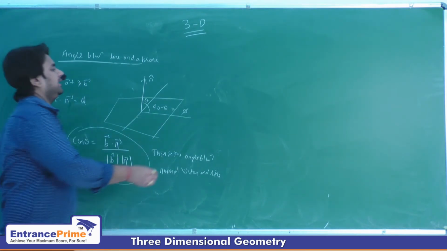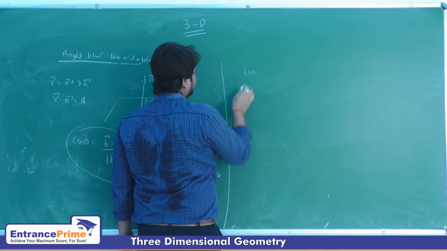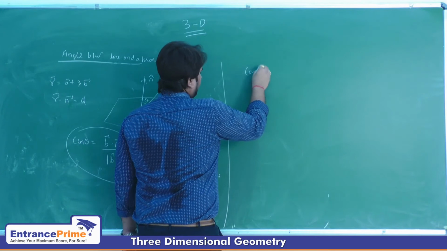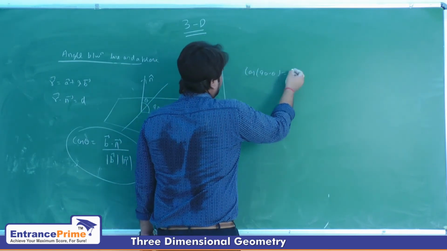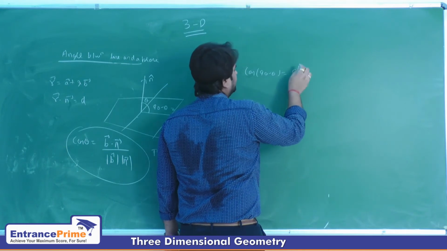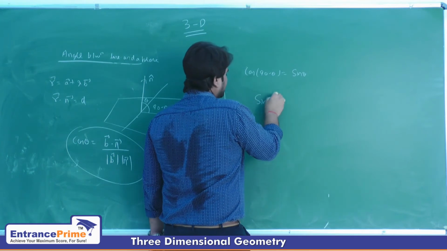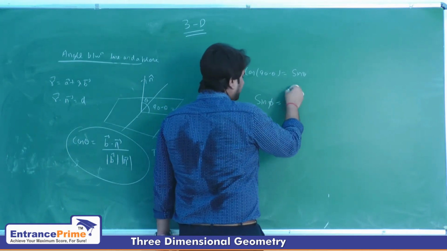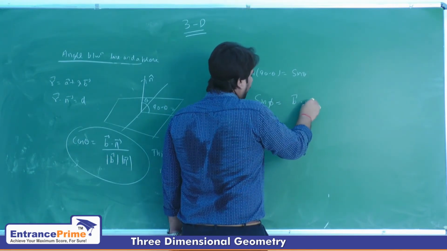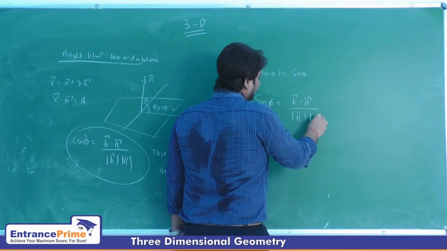You have to calculate the angle between line and the plane. The angle between line and the plane is given by cos 90 minus theta, that is equal to sin theta. Okay, and 90 minus theta is equal to phi. So we can write it as sin phi. So sin phi is equals to b dot n vector divided by magnitude of b into magnitude of n.